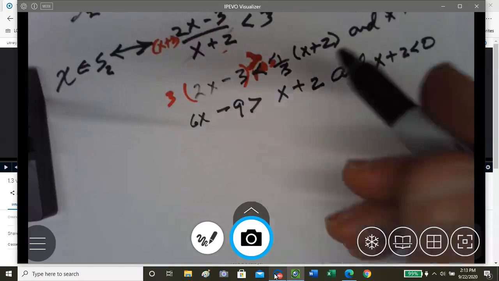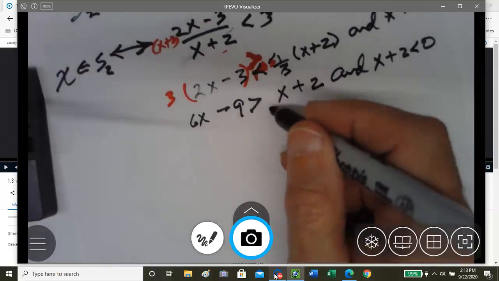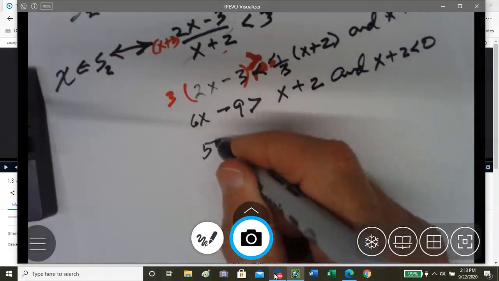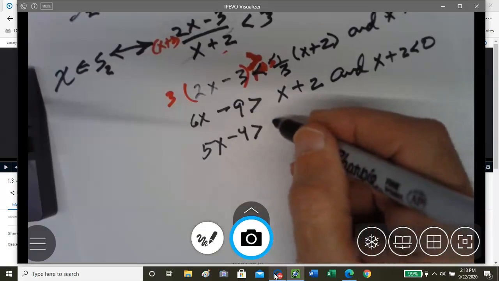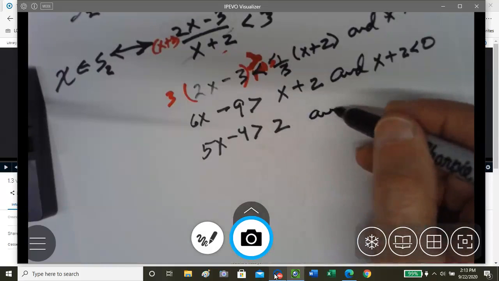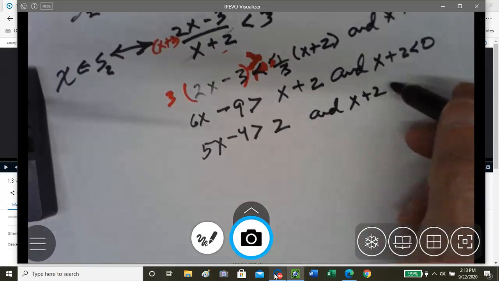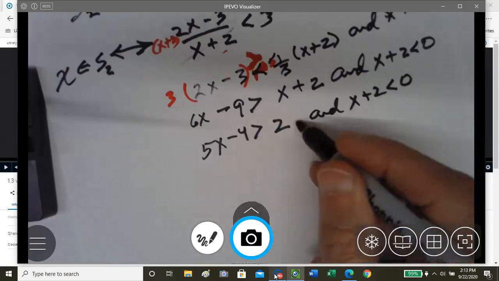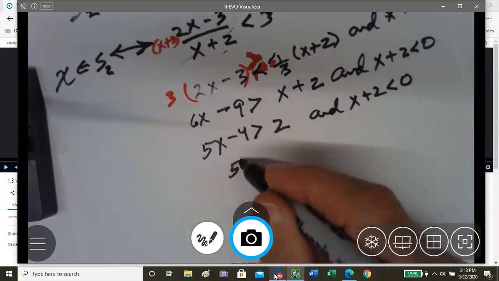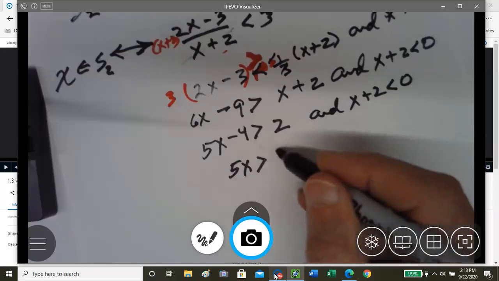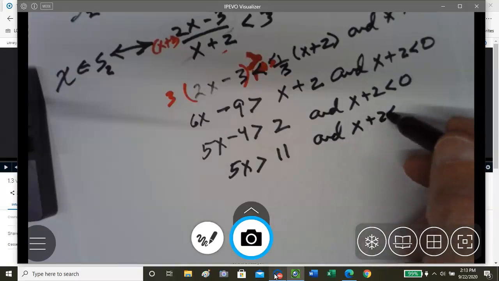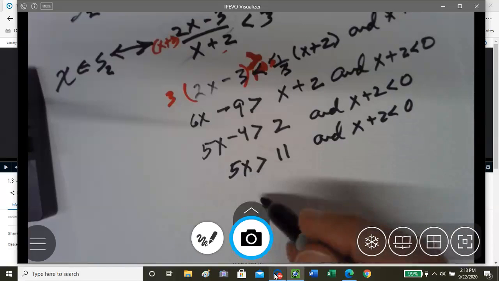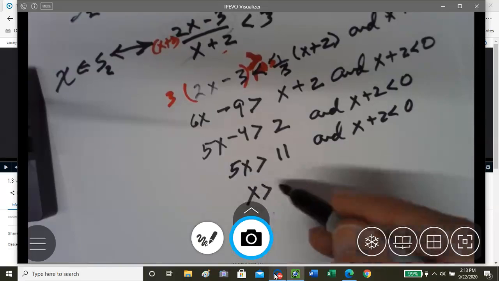Okay, so subtract x from both sides, we get 5x - 9 greater than 2, and x + 2 is less than 0. Add 9, we get 11. 5x is greater than 11, and x + 2 is less than 0. Divide by 5, we get x is greater than 11/5.